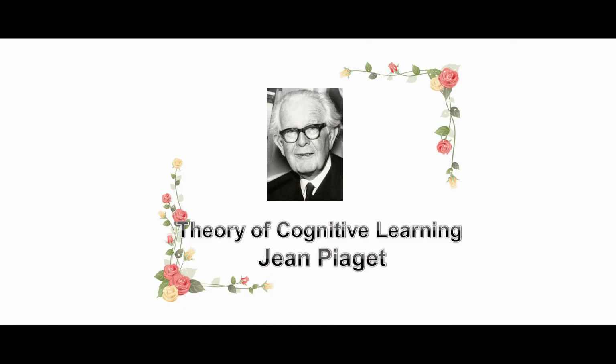First, we discuss the theory of cognitive learning by Jean Piaget. According to him, children are born with a very basic mental structure on which all subsequent learning and knowledge are built up. At its very basic level, his theory explains the role that the human brain plays in helping learners understand new complex concepts.